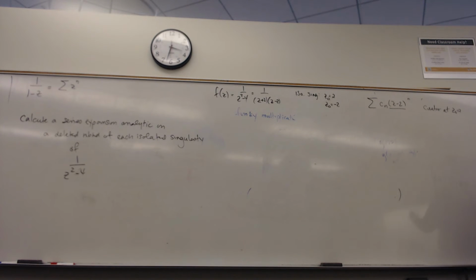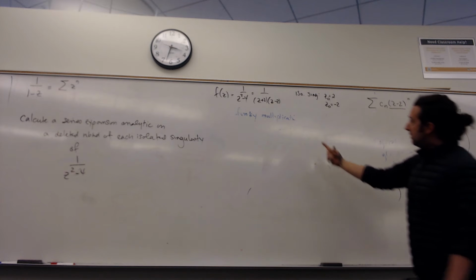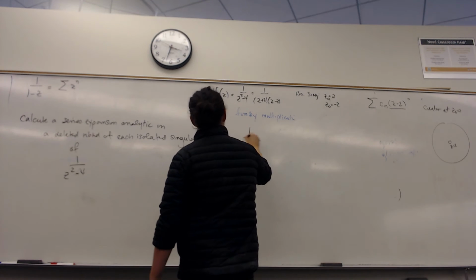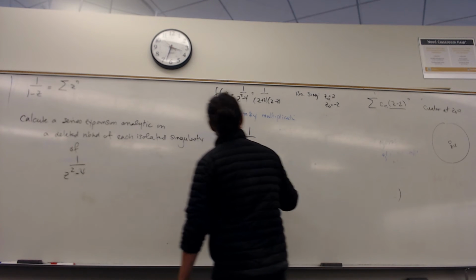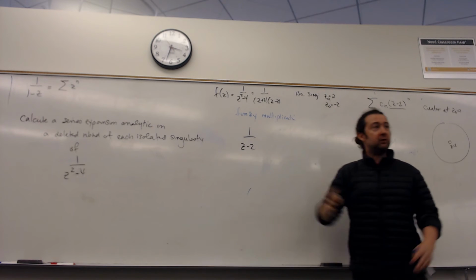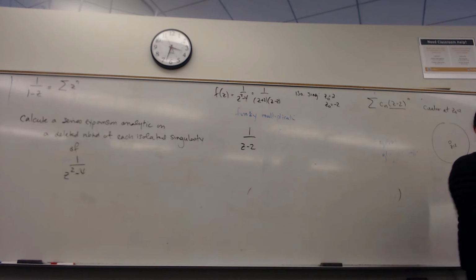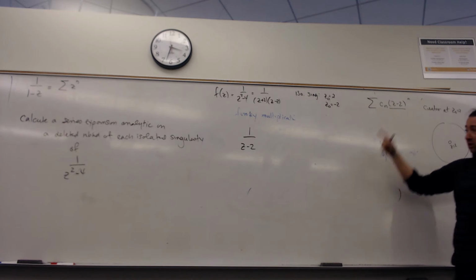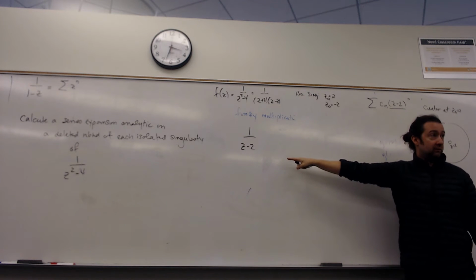So I need a series that's expanded in z minus 2 if I'm centering it on this punctured disk. Essentially we're saying knock out the point at z equal to 2 and then come up with a series that's analytic everywhere else inside. Well, I have a piece that already has a z minus 2 inside of it. It's this 1 over z minus 2. So if I could expand 1 over z plus 2 as a power series with these types of terms, I could just multiply that in at the end.